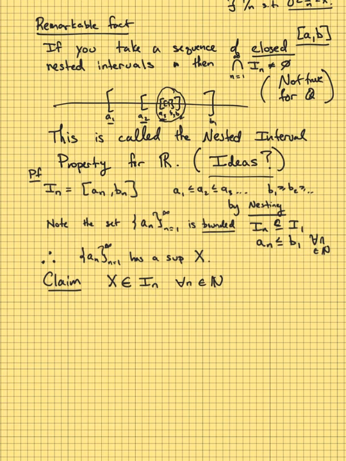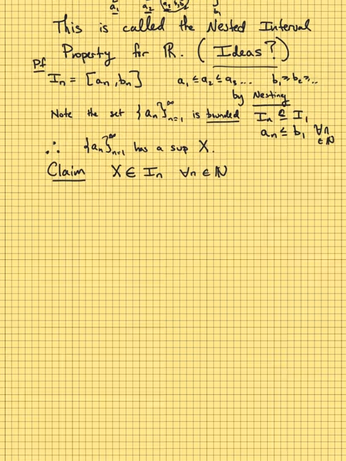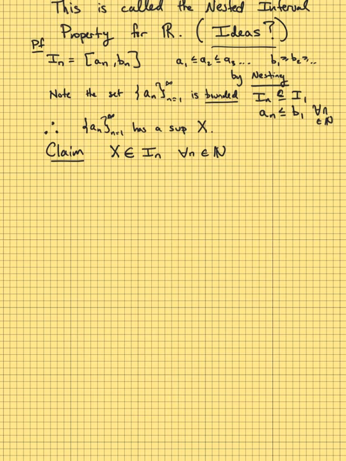Okay? So how do we do this? Well, we have to show two things. To show it's in I sub n, we need that a sub n is less than or equal to x, and x is less than or equal to b sub n. Okay, so the first one is pretty clear.